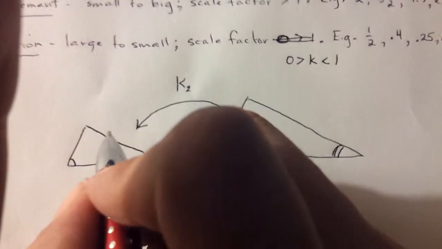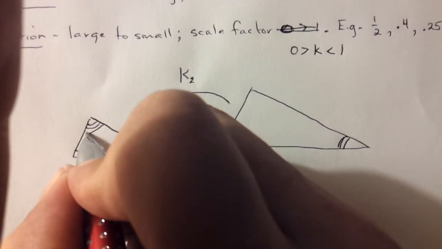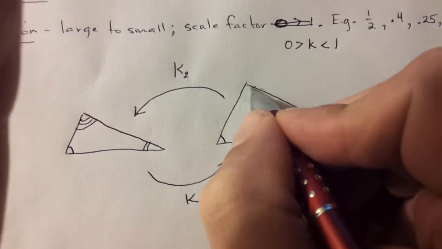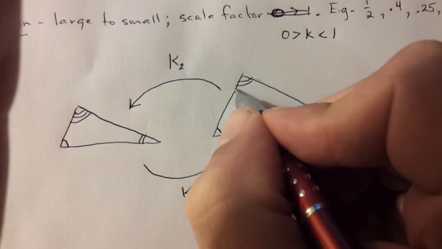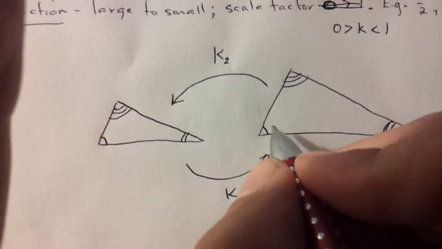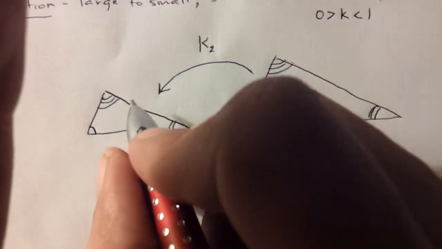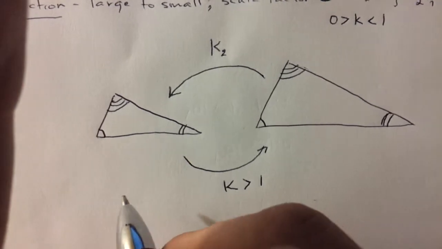These two angles correspond to each other, so they're going to have the same measure as well. So this will have the same degree measure as that, that will have the same degree measure as that, and those two will have the same degree measure.